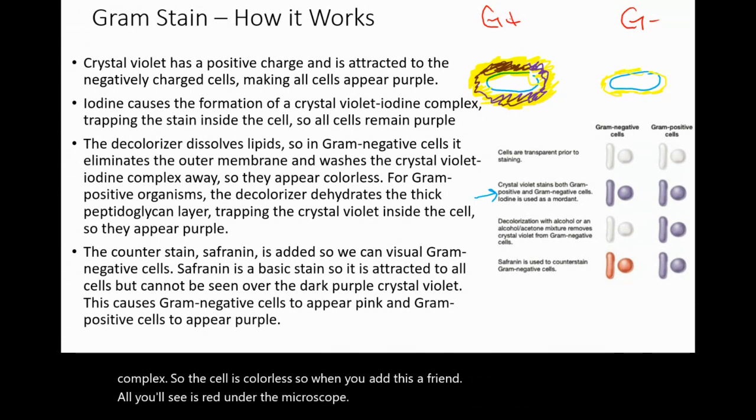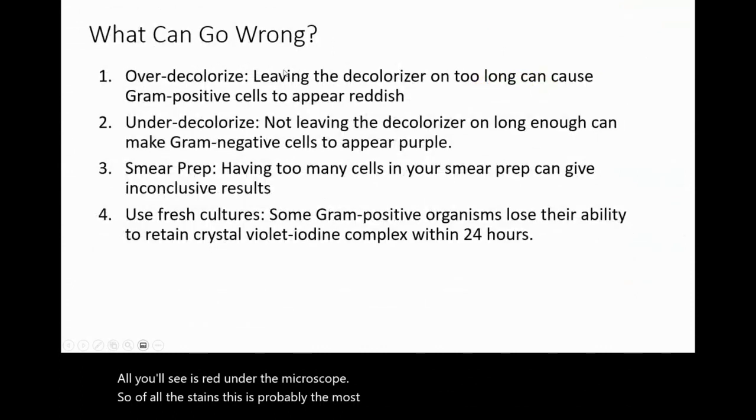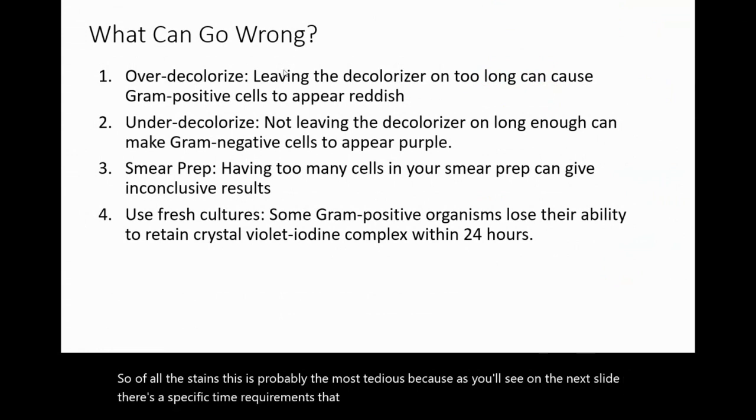So of all the stains, this is probably the most tedious because, as you'll see on the next slide, there's specific time requirements that each stain or step should be done. And really, it's the decolorizer step that can cause things to go wonky.